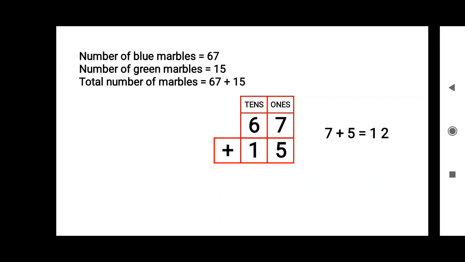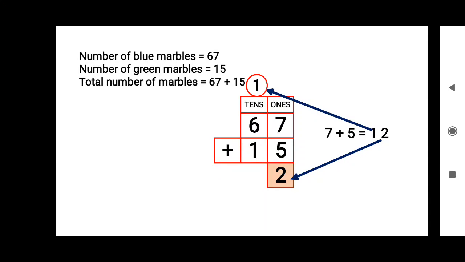It's a 2-digit number, and you remember in one box only one digit can come. We have already learned this in the previous video. So now what will I do? I will put 2 in the ones place, and this 1 I will put as a carryover in tens place.